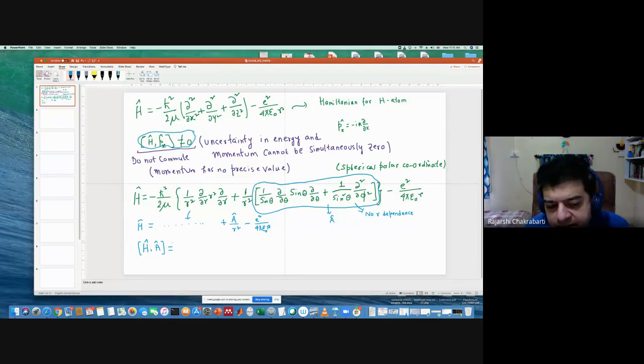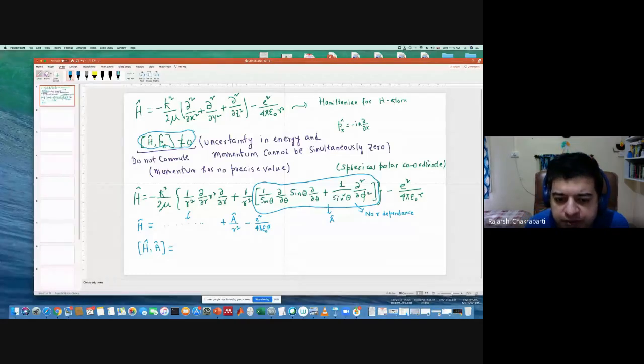The answer is 0, because H will commute with A. Why? The H has the R dependent part, plus A divided by R square minus this. Now the commutator of H with A will commute with the R part, because A has no R dependence.